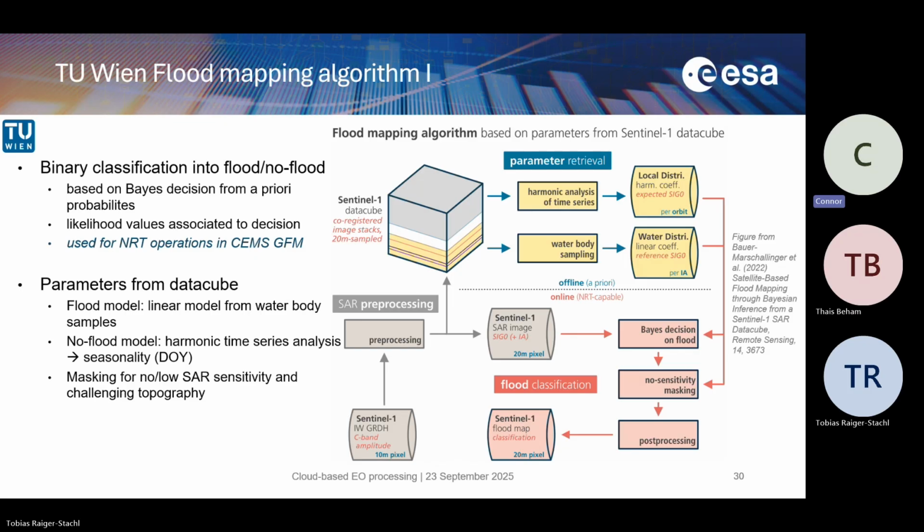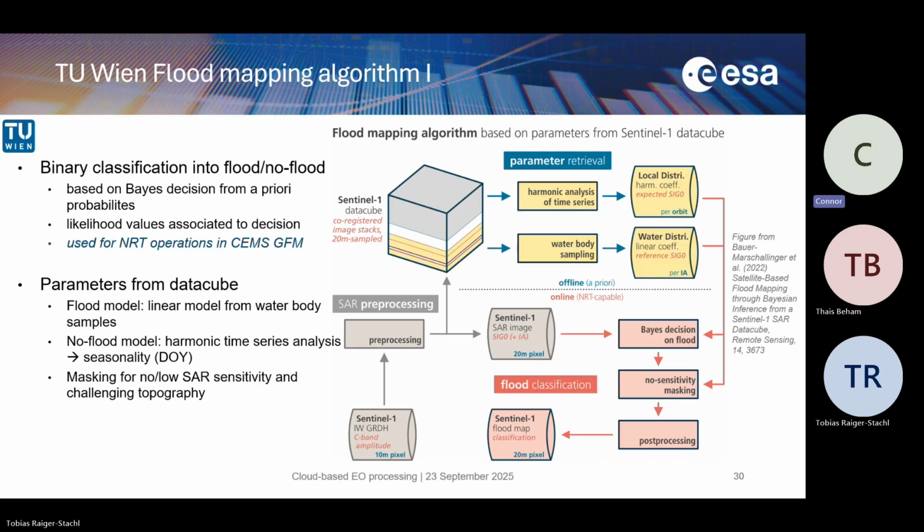So here you can see how it works basically. A little overview. We have a part that is, as I just showed you before, offline. So we have parameter retrievals. We perform a harmonic analysis of time series over the globe and a water body sampling that gives us a water distribution model, which is then generalized for the whole world.